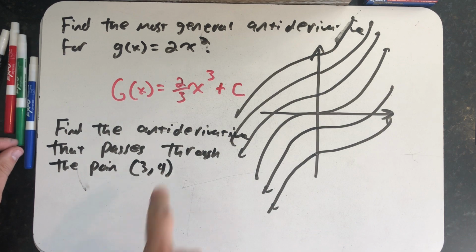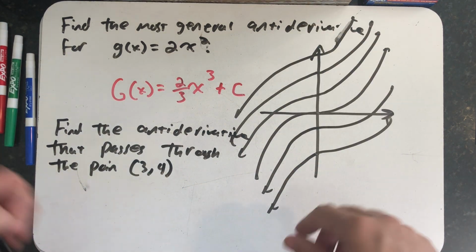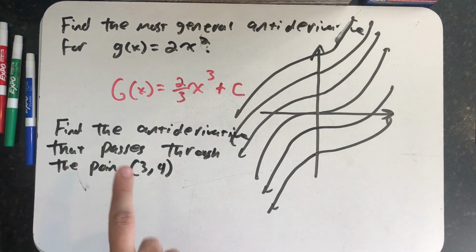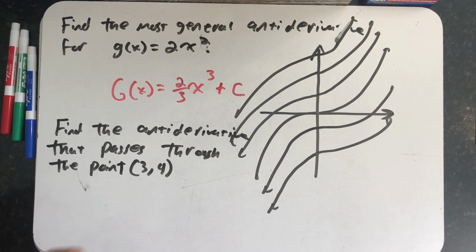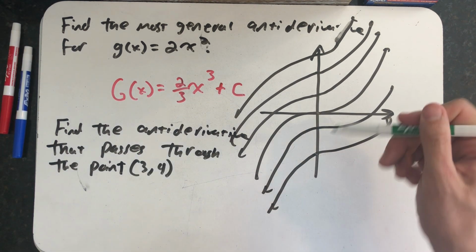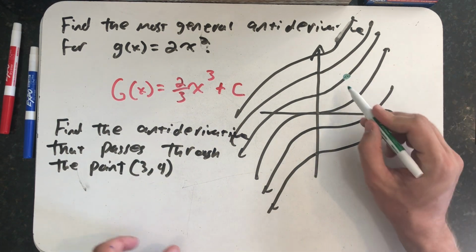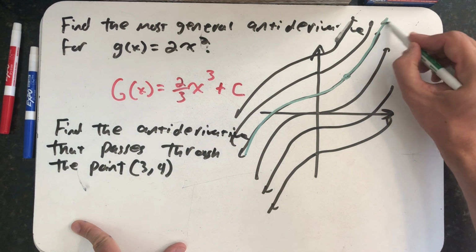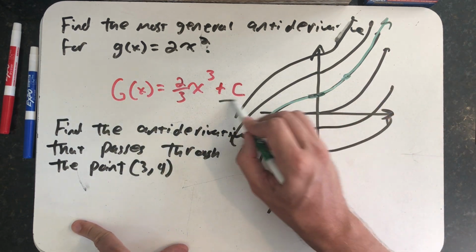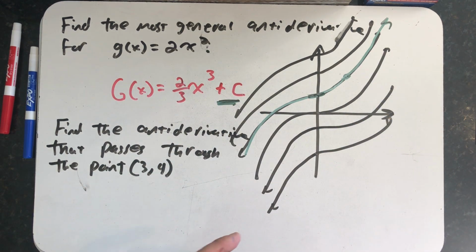All right, well, I have all of these different antiderivatives and more that I didn't even draw, and now I'm asked to find one of them that passes through the point 3, 4. So I can imagine maybe the point 3, 4 is right there, and that would tell me that I was looking for this particular function. So it would actually be for a specific value of c, not just an arbitrary one.